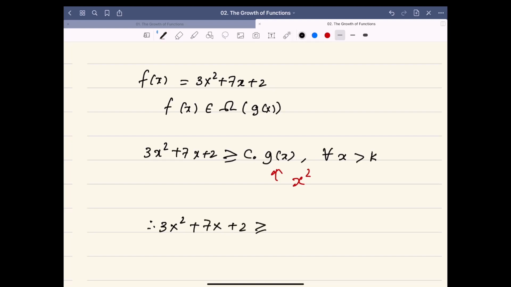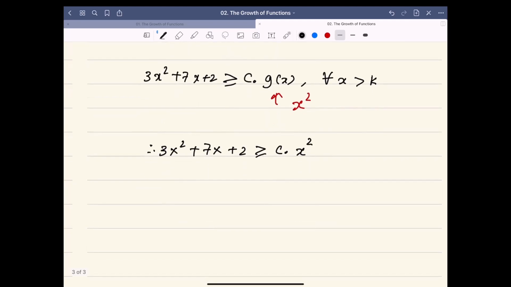So what you need to prove now is that 3x squared plus 7x plus 2 is greater than or equal to a constant multiplied by x squared. Now, if all the coefficients of this polynomial are positive, then it is very easy to find this constant. If you want to make the left-hand side larger than the right-hand side, just simply ignore all other terms other than the dominant term.